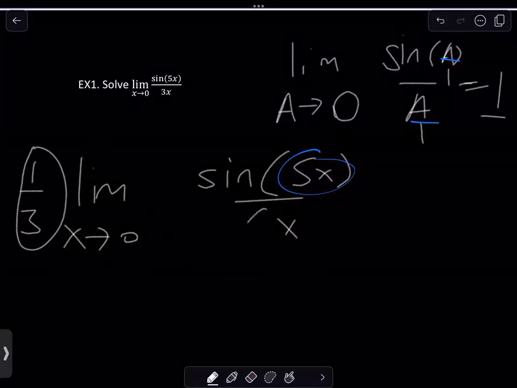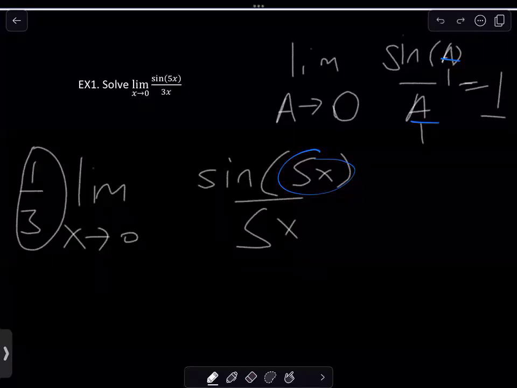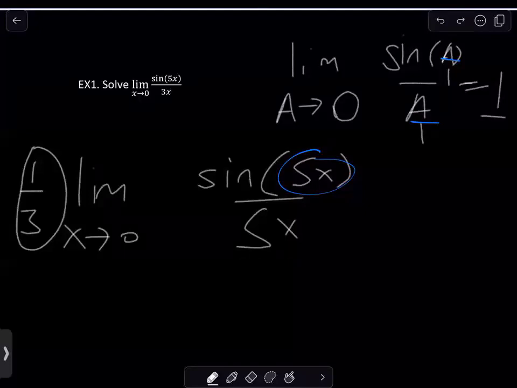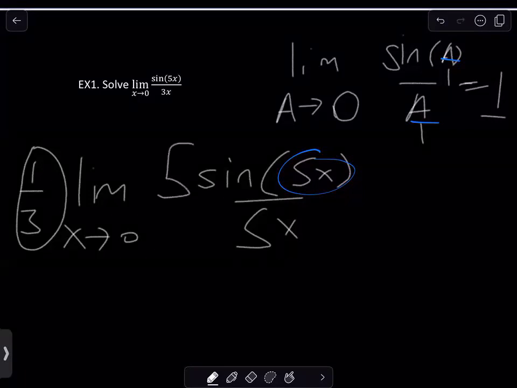And now, why don't I just put a 5 in front of the x and I'll get 5x? But we can't just do that. If I put a 5 in the denominator, or basically multiply the denominator by 5, what I need to do now to maintain the value of this expression is I also need to multiply the numerator by a 5. And why can I do this?